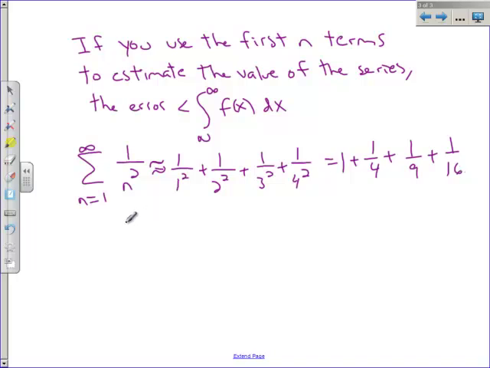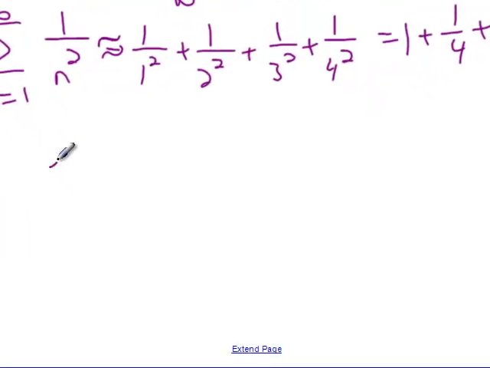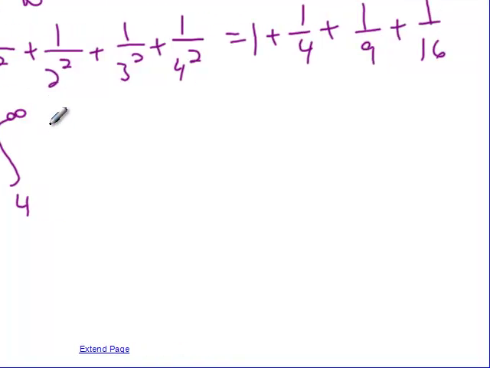and so this value would be less than the actual sum of the series. Well, we can say that the error in this approximation is less than the integral from, I went all the way out to 4, so from 4 to infinity of 1 over x squared dx. So let's take a look at this. I already know that the antiderivative is negative 1 over x.